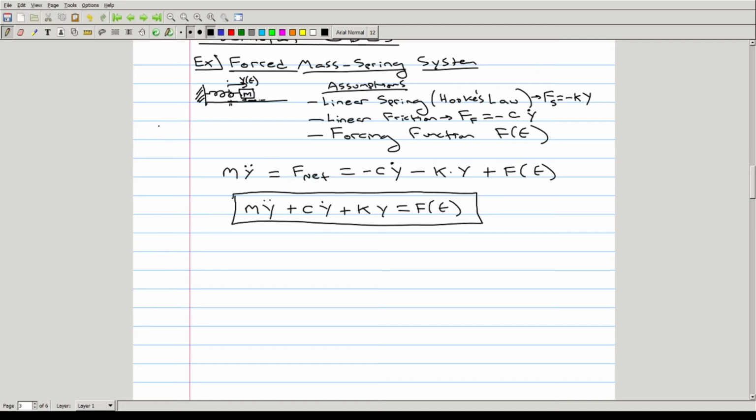which, as long as the mass is constant, the spring stiffness is constant, and the friction constant, the friction coefficient, is constant, is a second order linear constant coefficient inhomogeneous ordinary differential equation.